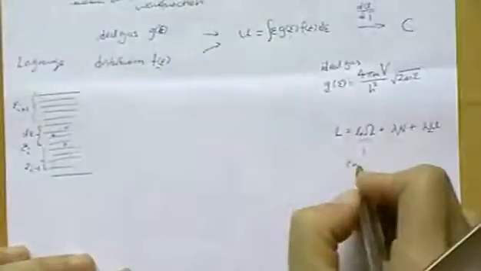Then that's the function that we need to maximize if we want to maximize the number of arrangements, with respect to n1, n2 and so on, the number of particles in each interval, subject to the constraints that N and U are constants.